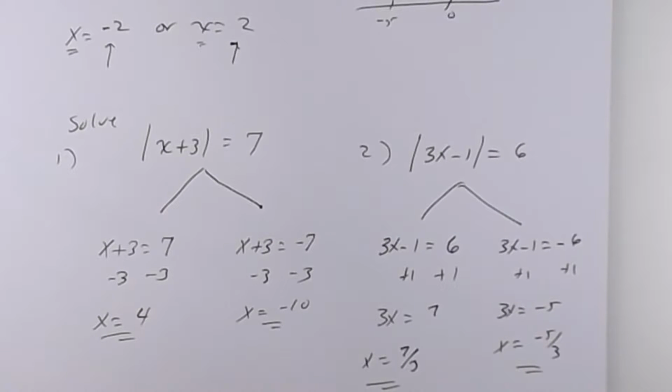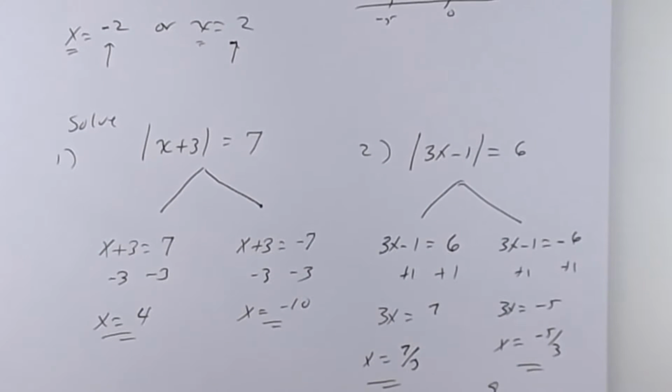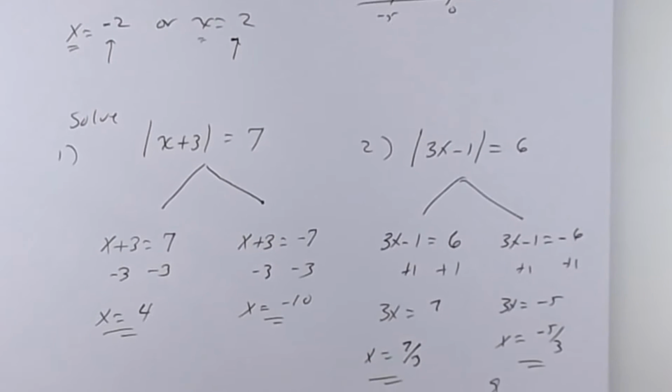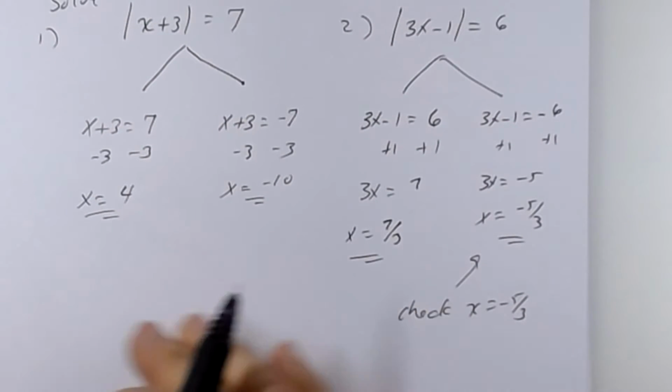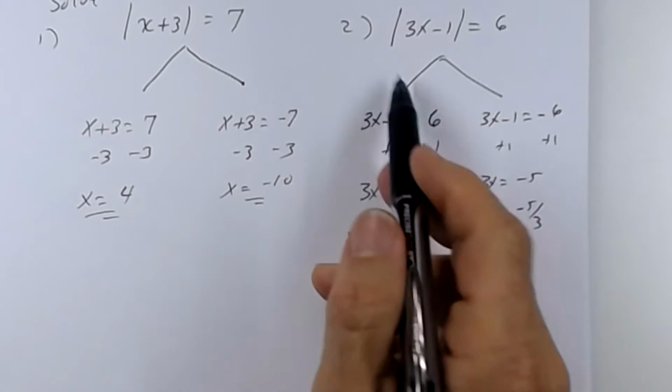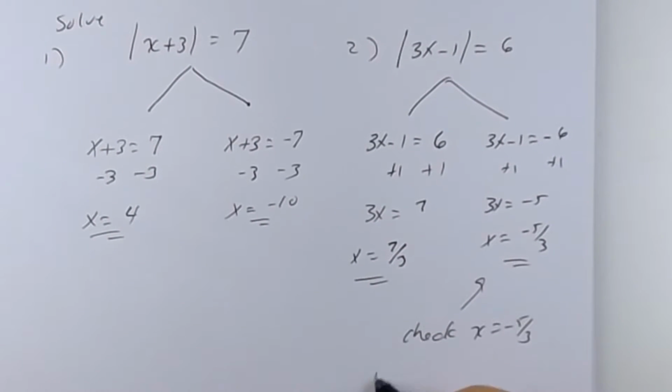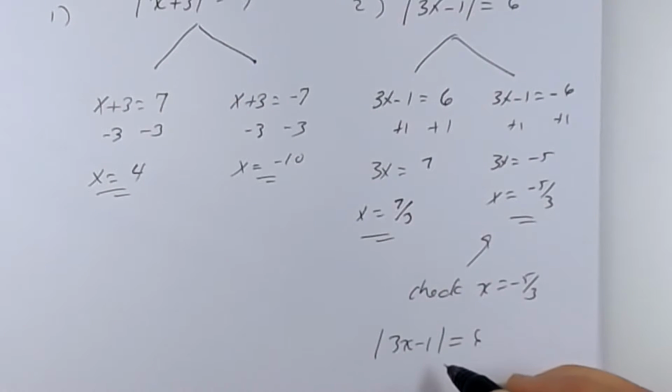And you can check them if you want to. Let's just check the negative 5/3 just to show you what it looks like. Check x equal negative 5/3. You go back to the original problem, that's the one with the absolute value bars. And wherever we see the variable x, what do I plug in? Negative 5/3.